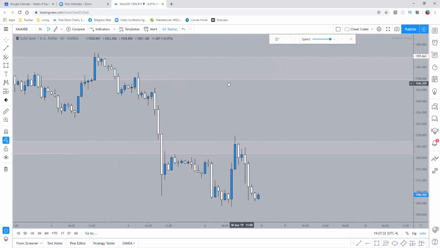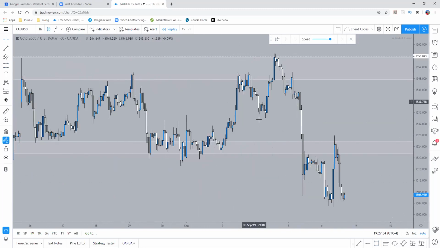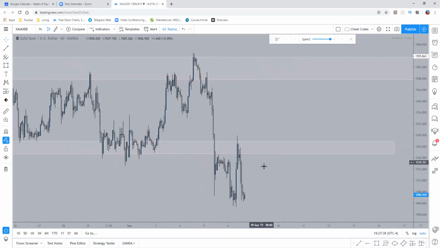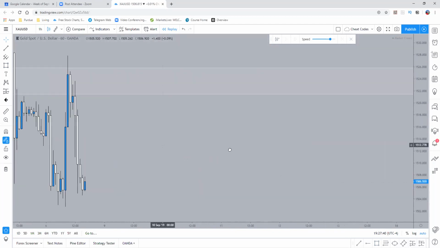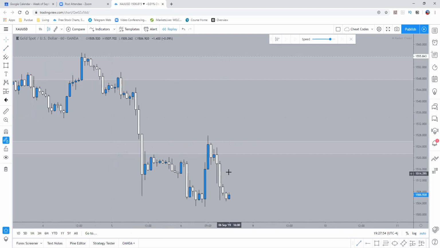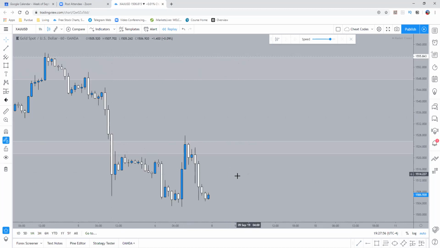So quite honestly, I don't like what it's giving me right now. I see this impulse, but it also broke this zone, and I'm not seeing a clear pattern. Does anyone see anything?